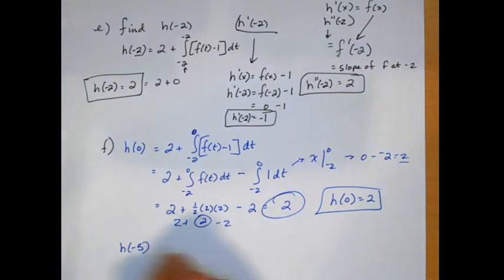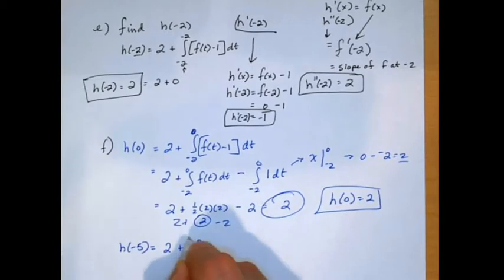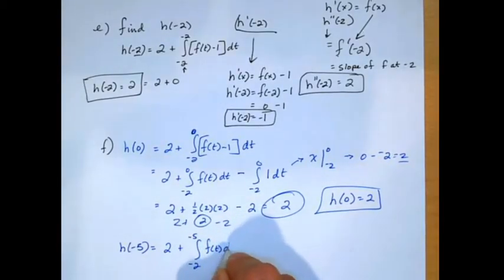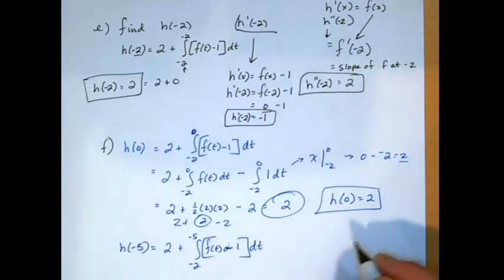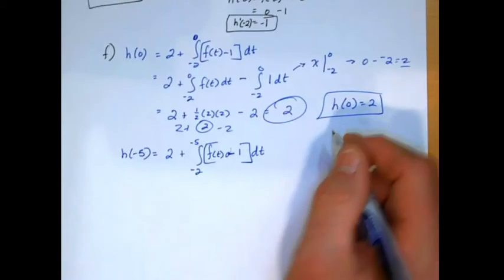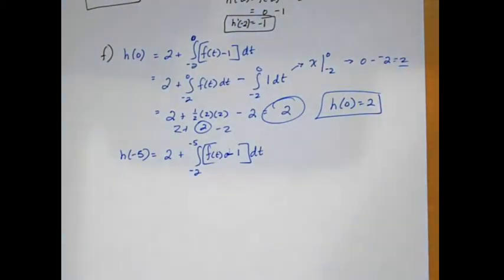H of negative 5 is 2 plus the integral from negative 2 to negative 5 of f of t minus 1 dt. These were the little mistakes I was making in the other video. Now, if I'm going from negative 2 to negative 5, I'm going backwards, and we talked earlier about how to fix that.